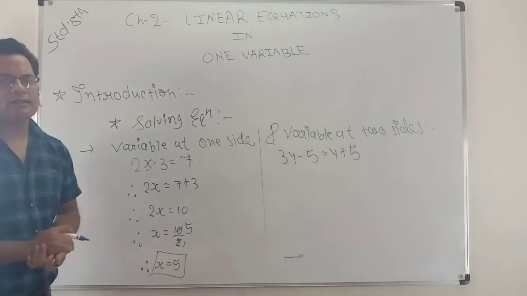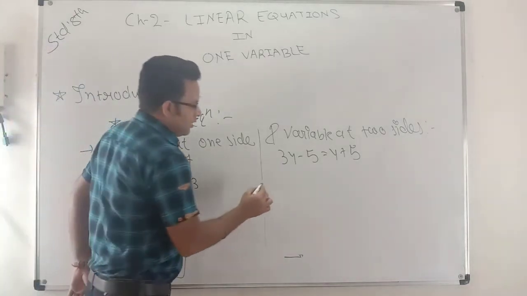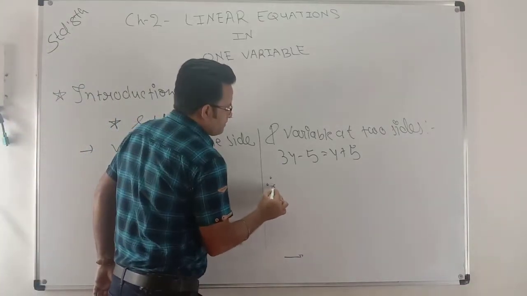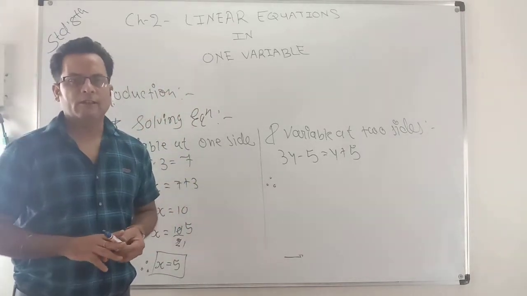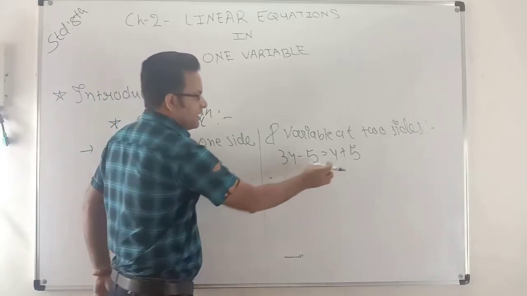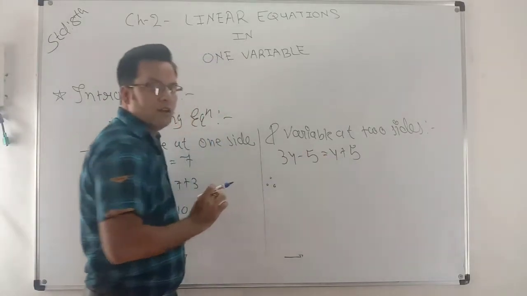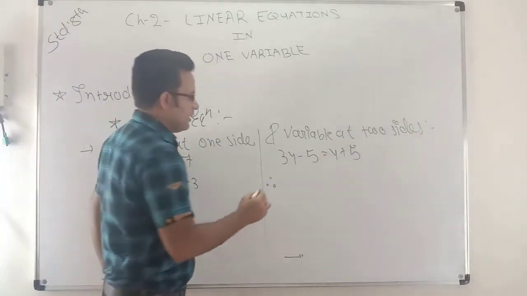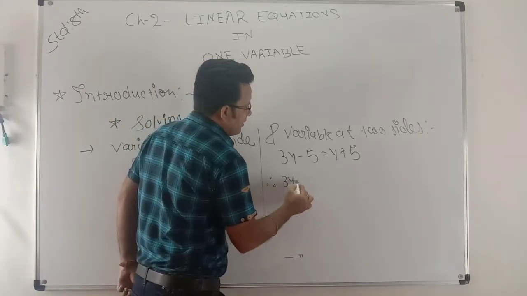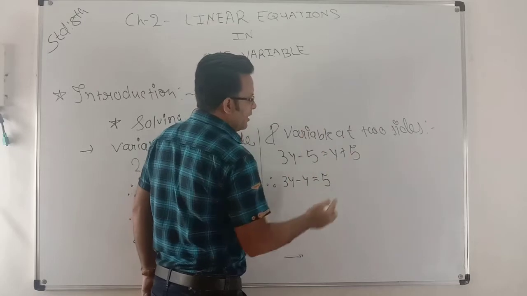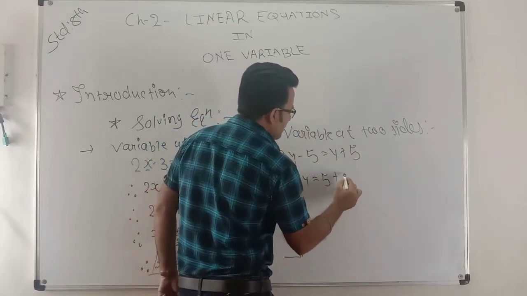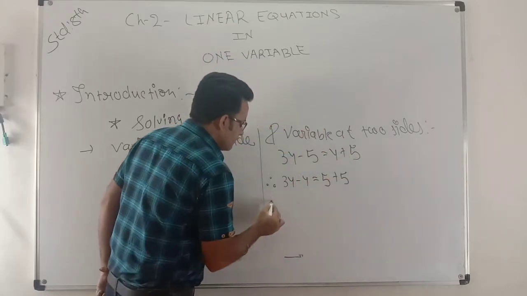Now if the variable is given on both sides, look here. Here you have to shift the variables. First of all, we will take this plus y to the left side. So it becomes minus y. So 3y minus y is equal to, this minus y moves to that side and becomes plus.